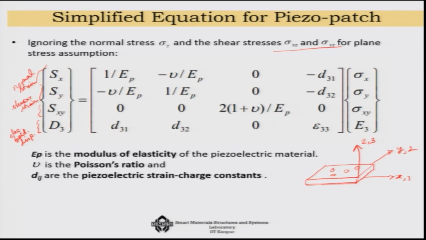Remember, I am always assuming a very thin layer of electrodes at the top and bottom, where these charges are getting accumulated. This is the simpler relationship, in the plane stress condition, which is what we normally use for a piezoelectric patch kind of situation.